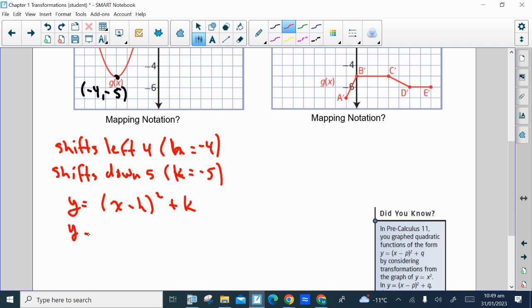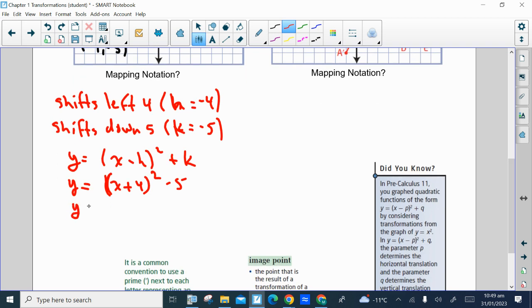If you plug a -4 in for h, the minus minus will become plus. So it'll become x plus 4 all squared minus 5. There's our equation. And the form that it asked us to write it in had the k value over with the y, so we would add 5 to both sides, and that's what the equation would look like.